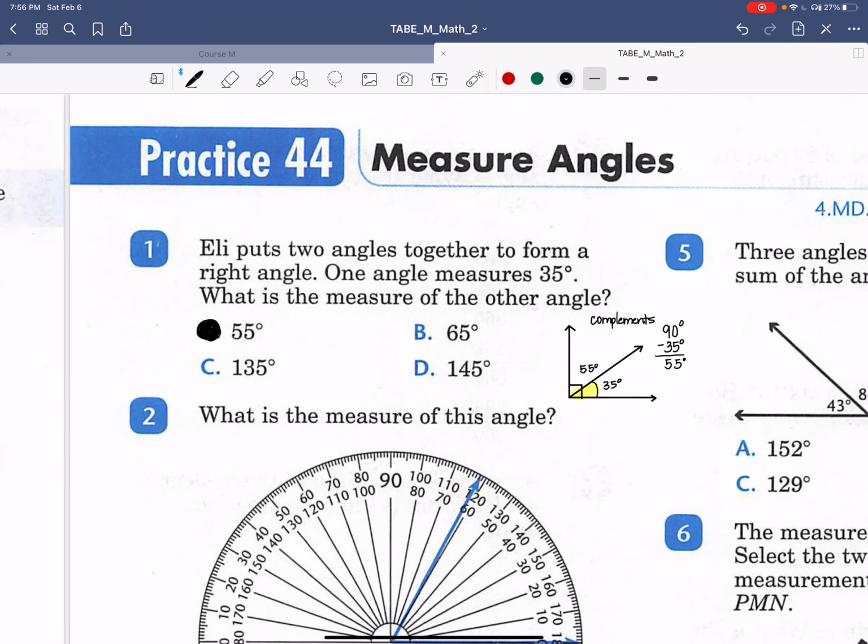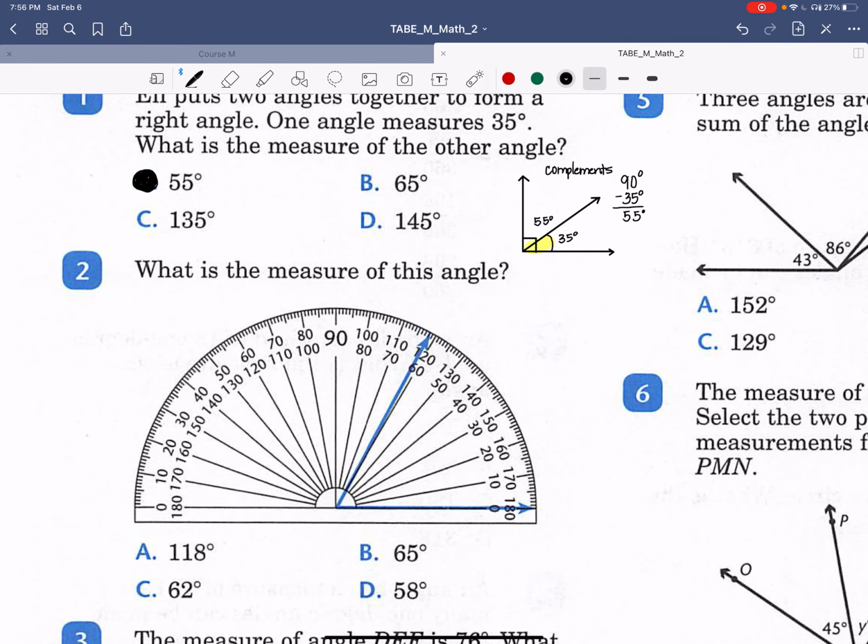Number 2, we have a protractor with an angle shown on it. Let me just highlight the angle for you so we can tell what we're looking at. So the angle in question is right in here. Let me make that very obvious. We're looking at the angle between those two lines.